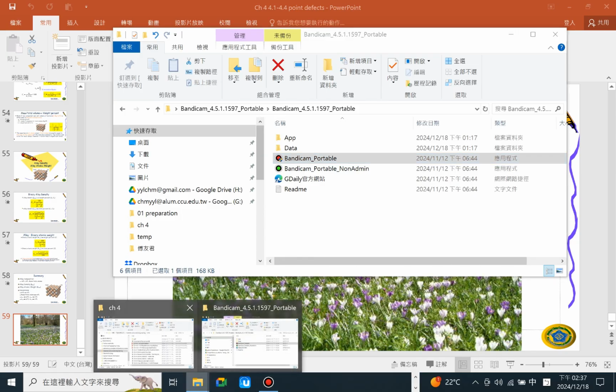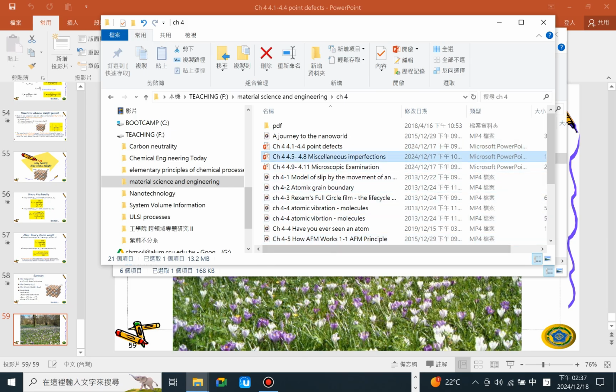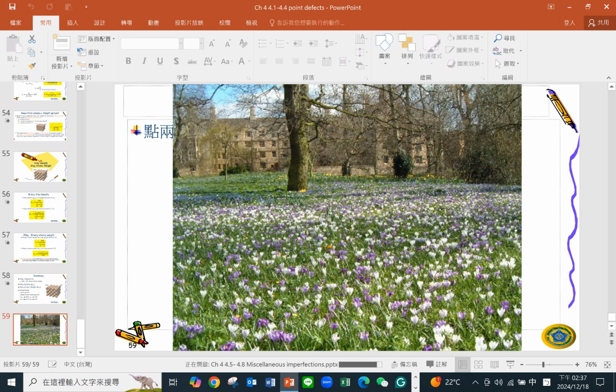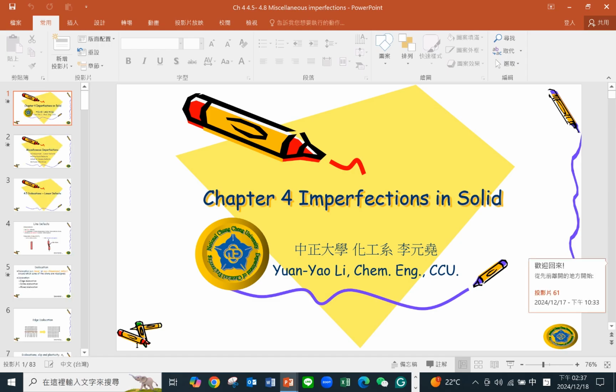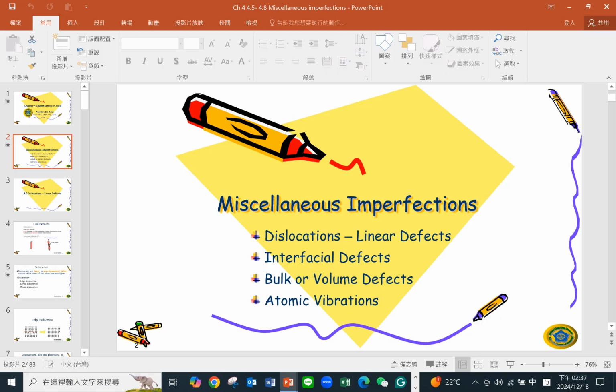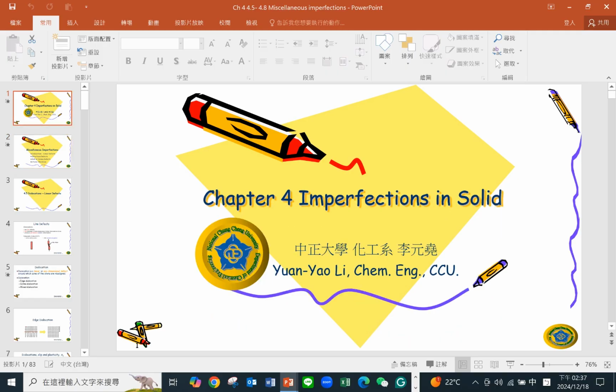Now let's move to the two-dimensional defects.